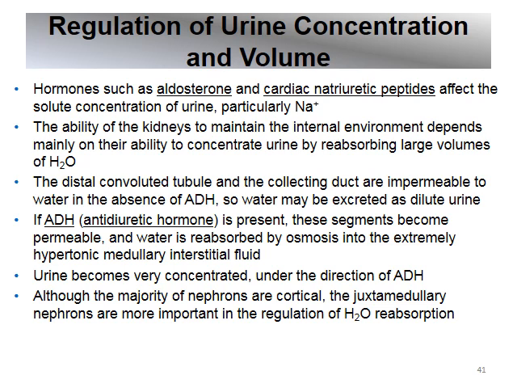The last one is antidiuretic hormone. This is released from the pituitary gland, and it is going to lead to the reabsorption of water through the distal convoluted tubule, and even more so through the collecting duct.